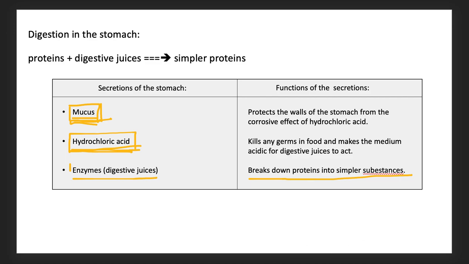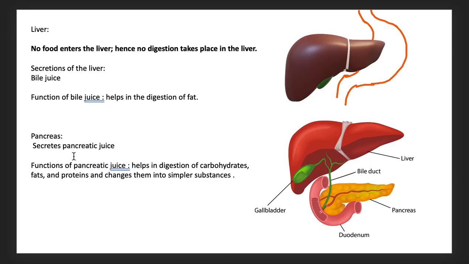Now, moving on. These are two important parts of the digestive system which I would like you all to know about. Here we have the liver, and this is the pancreas.